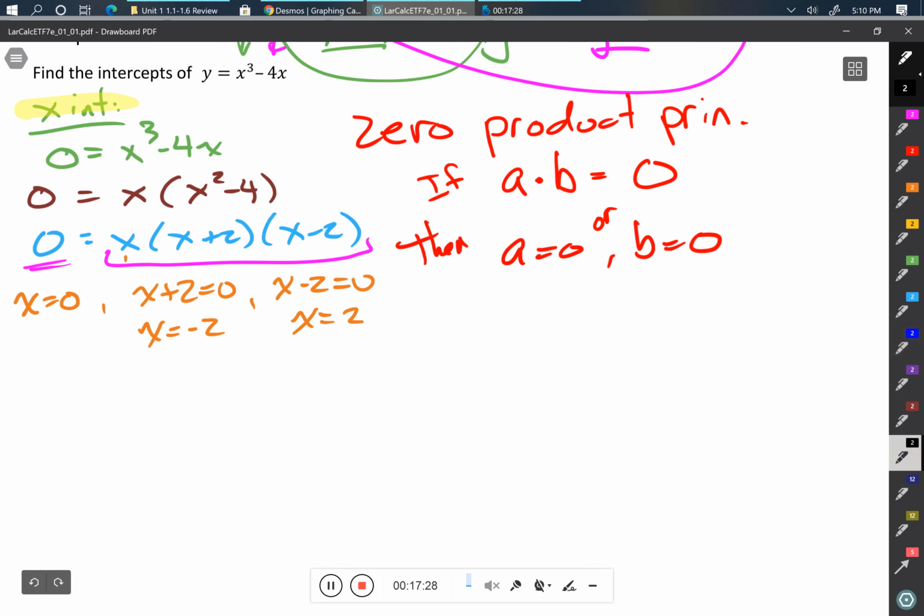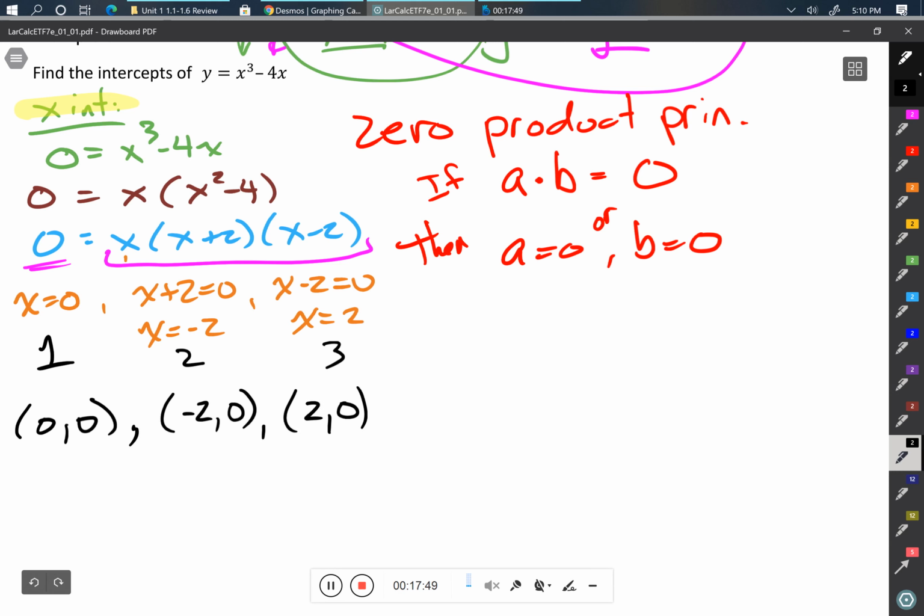And so what we found is we found three x-intercepts. One x-intercept is the solution point 0, 0. A second x-intercept is the solution point negative 2, 0. And a third x-intercept is the solution point 2, 0.